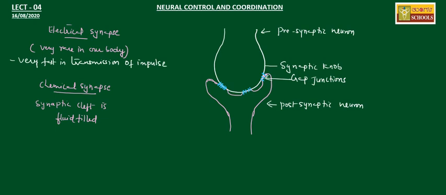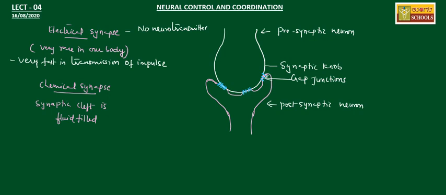Chemical synapses are slower because the synaptic vesicle has to fuse and then release the neurotransmitter. In the case of the electrical synapse, there is no neurotransmitter. The membranes of the presynaptic and the postsynaptic neuron are connected with each other, and they show gap junctions.